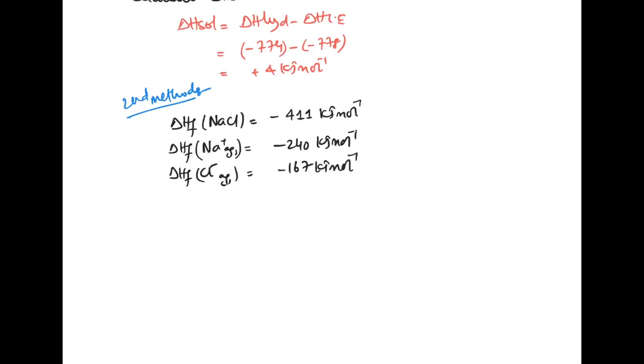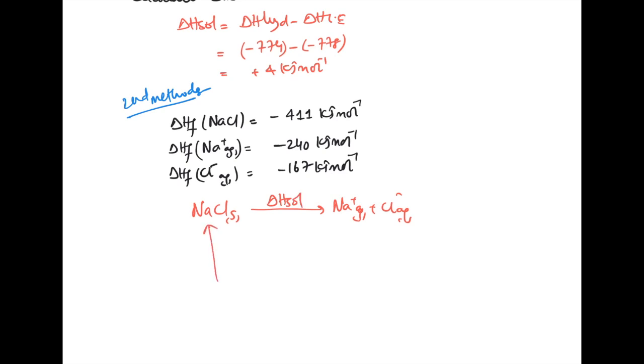So here we have the data. Now if I apply Hess's law on it, I know that the enthalpy of solution is NaCl solid giving you Na+ aqueous plus Cl- aqueous.